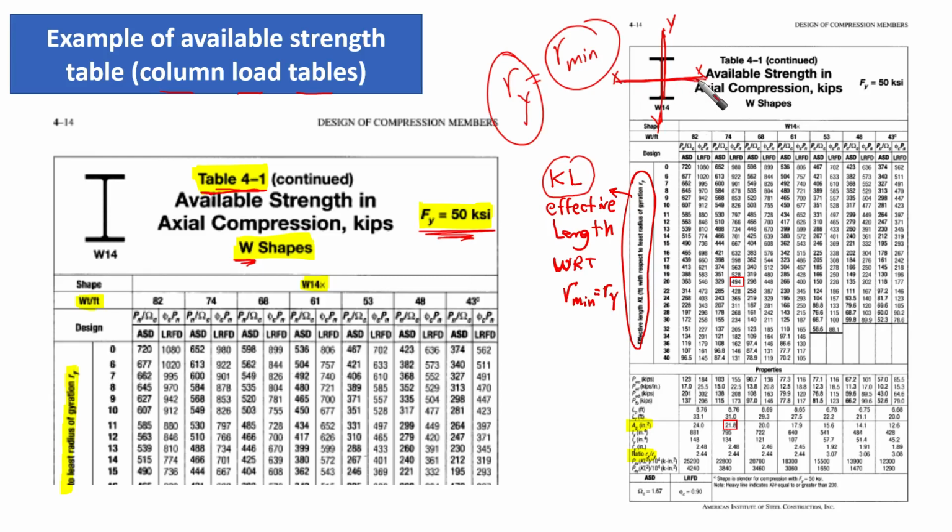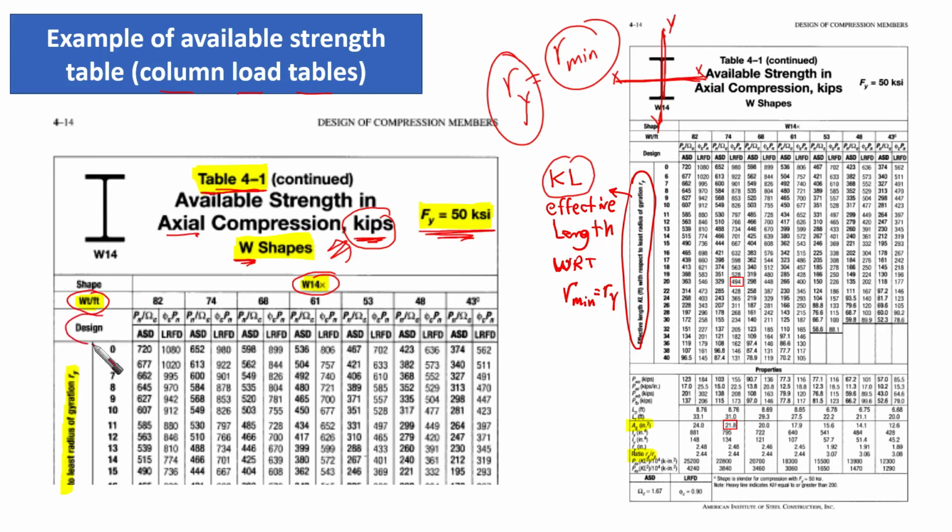example. Okay, anyway, the table, as you can see here, is titled available strengths in axial compression, in kips. Take care, we are using these units, kips. In the top row you are going to find, for example, a wide flange W14, the dimension being the height, and then the weight per unit length, which is given in the second row, as you can see.